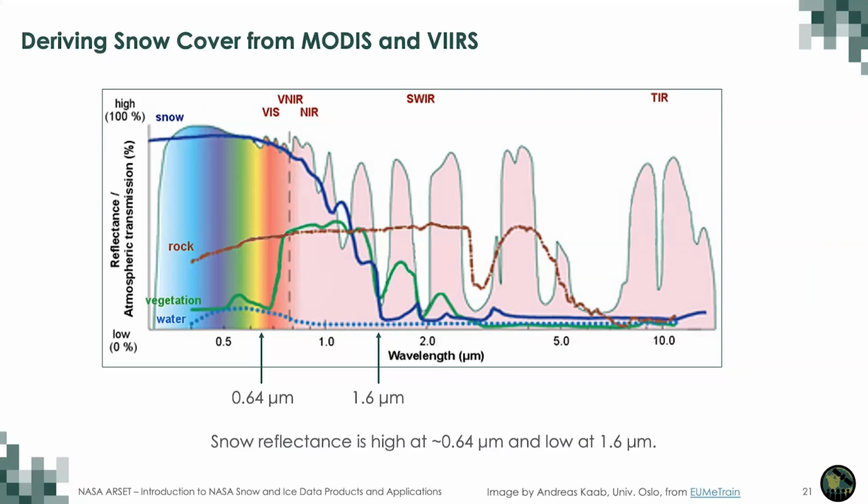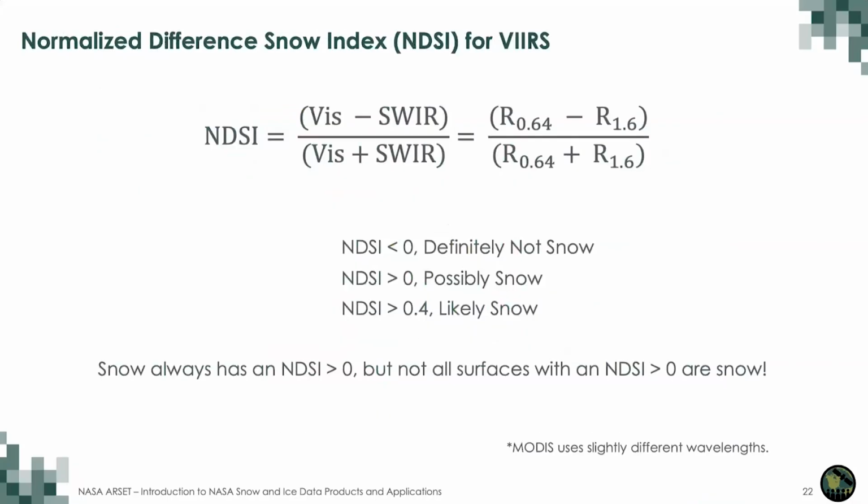So you've got high reflectance in the visible, very low reflectance in the infrared, and so that contrast gives us a really nice way to pick out the snow cover very easily. And so what's been developed a long time ago actually is the normalized difference snow index, or NDSI. So this is the NDSI equation for VIIRS.